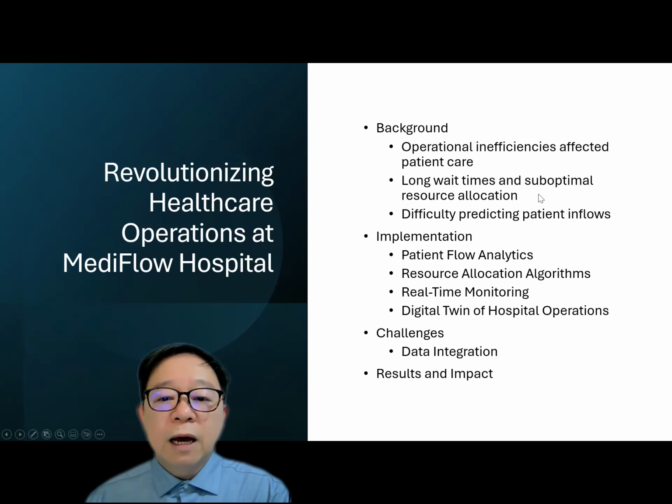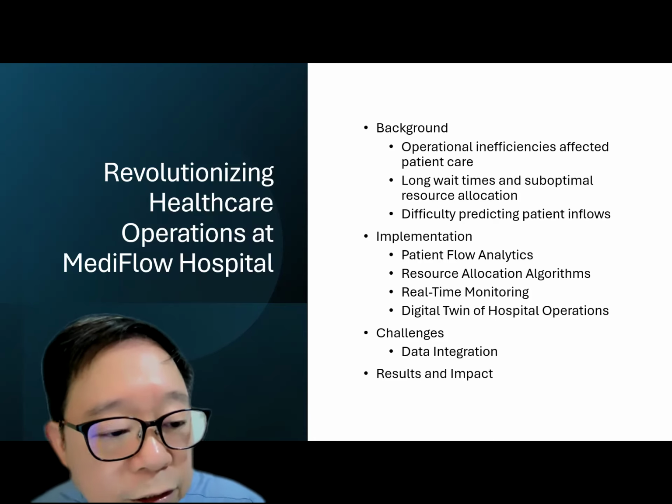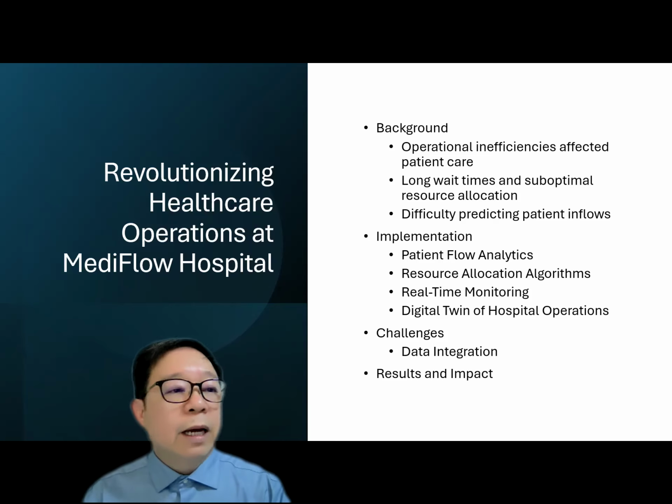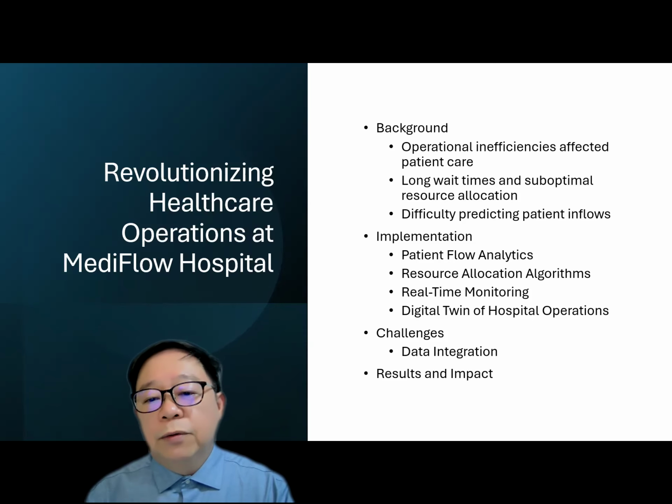So it's a long waiting time. Also, sometimes resource allocation is difficult, and sometimes it's very difficult to predict the patient inflow. Sometimes there's no one in the hospital, of course, no, it's not many. So very seldom do you see no customers in the hospital, right? But sometimes suddenly a disease hits the city, then you get high demand in the patient queue.